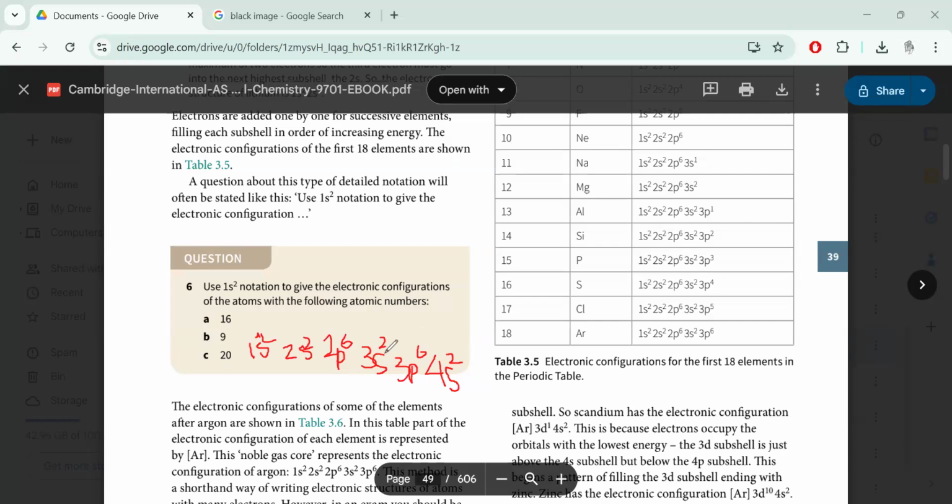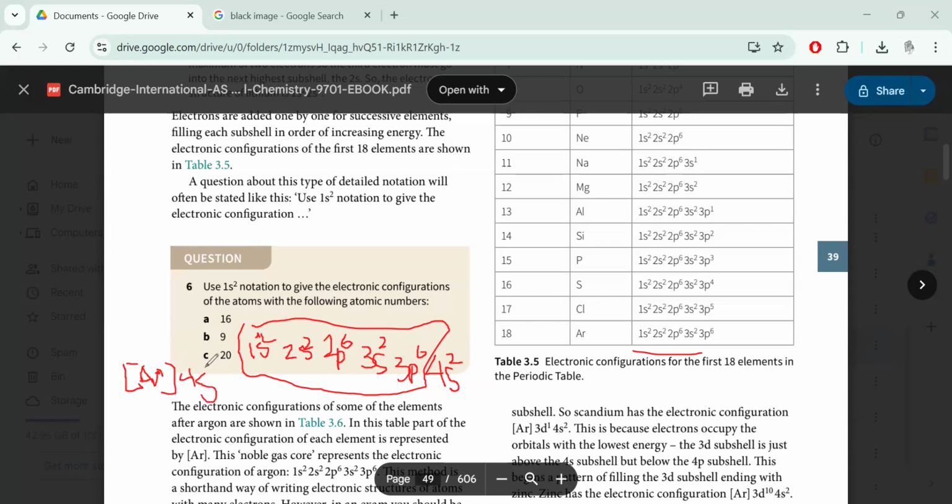Or if you want to make this more concise, people usually write only the back of it and use the electronic configuration of the noble gas. As you can see, 1s2 up to 3p6 is the same as the electronic configuration of argon. So for element 20, we can write this as Ar, meaning it's the same as argon, then 4s2.